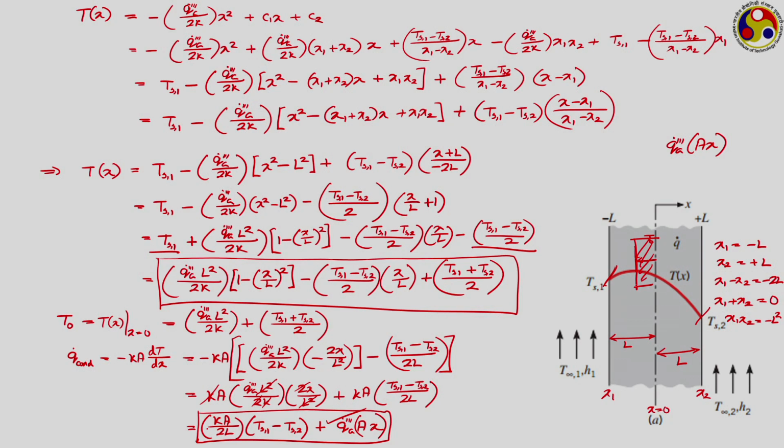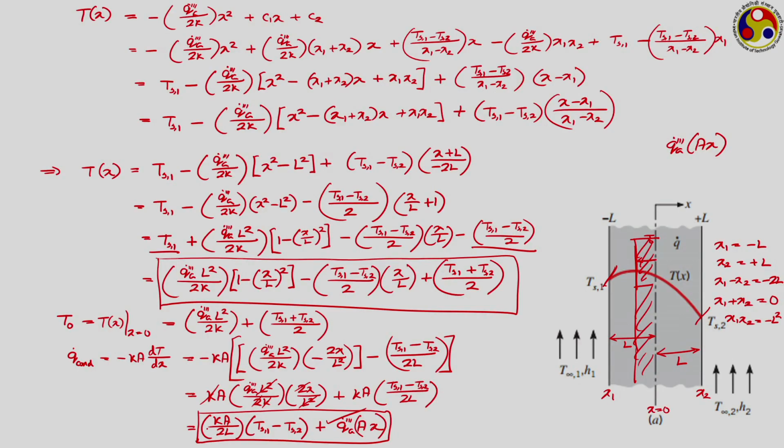A into x refers to this entire volume, because A is the cross section area and x is the distance, and whatever volumetric energy generation is taking place inside, multiplied by this corresponding volume, contributes to this second term in energy transmission.